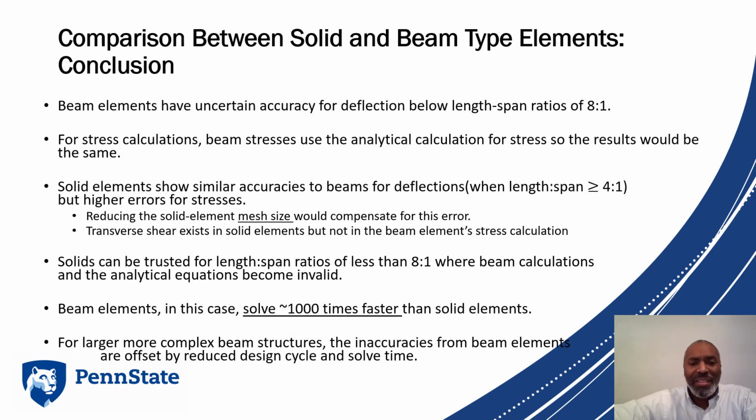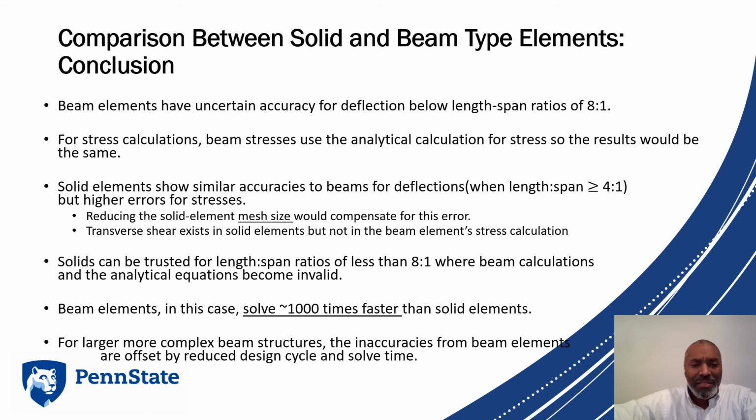So the solid elements, like I said, pick up this transverse shear, so they don't necessarily require you to have a long, slender approximation or long, slender situation, but what you do need is to have more elements divided for that geometry. You need more divisions to make sure that there's more elements within whatever span you're dealing with.